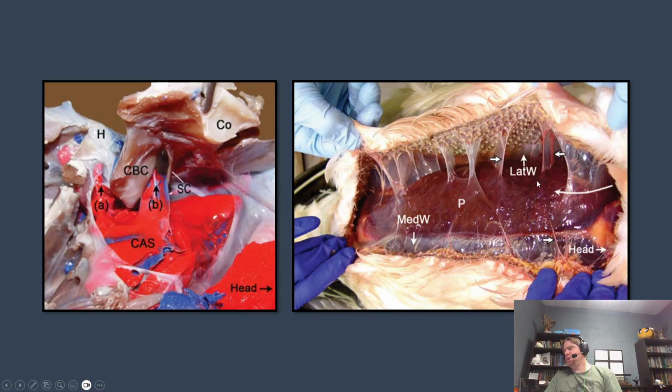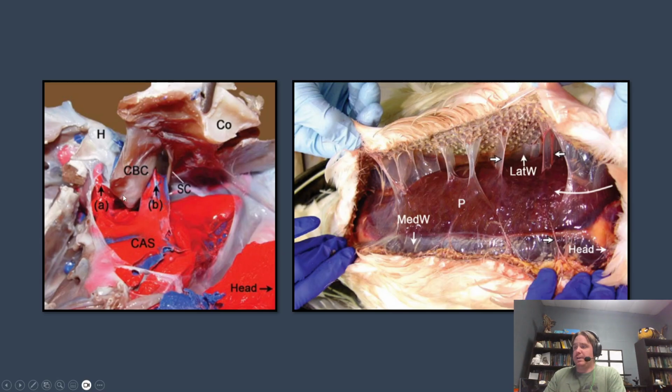And what you're seeing is all this thin, sort of translucent tissue is the air sac and the chambers of the air sac. The subcutaneous air sac, I should say, is kind of chambered off. And so these can be inflated right underneath the skin and create a cushion. It's sort of like having bubble wrap under your skin.